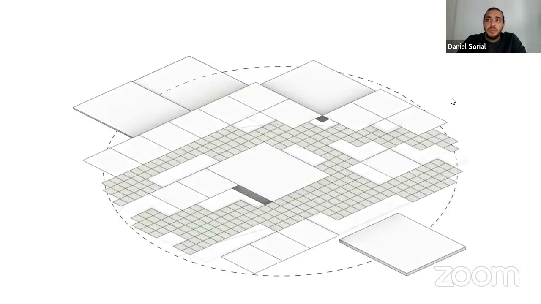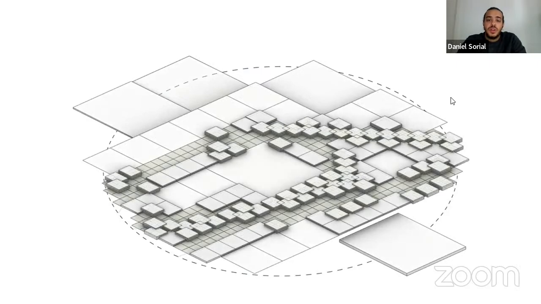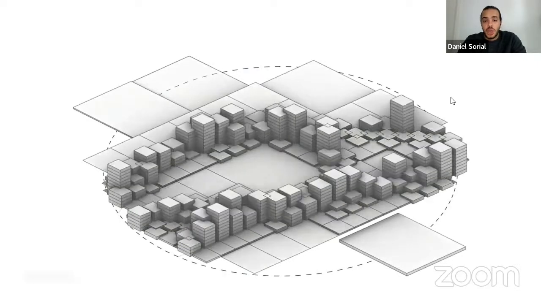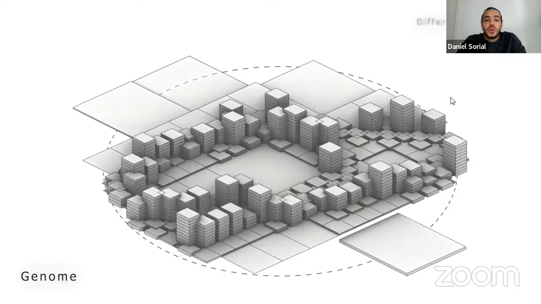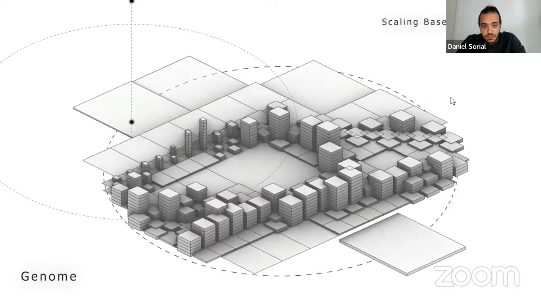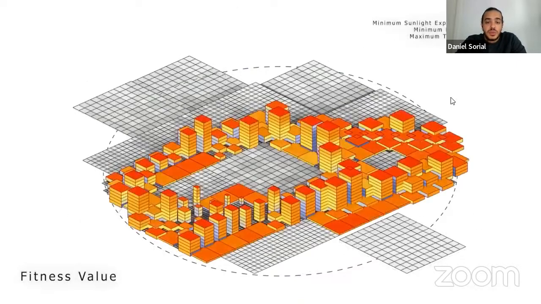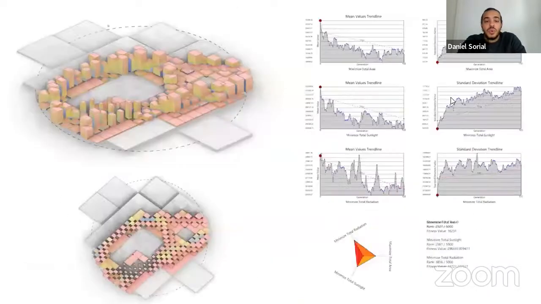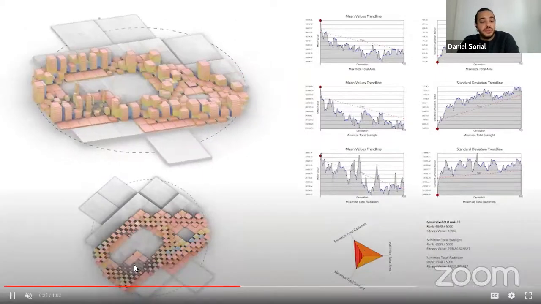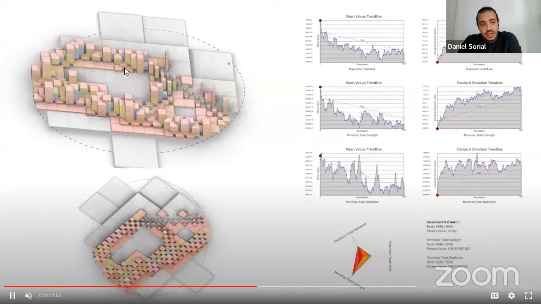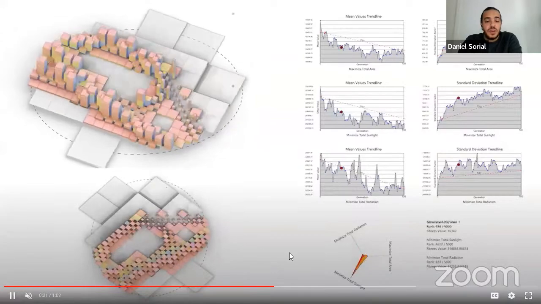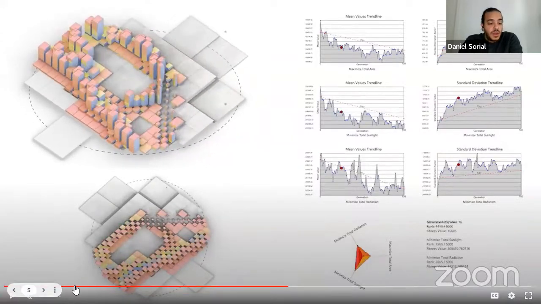And then we're going to start building up those grid divisions into block pieces, right? And then we're going to control how this, let's say, neighborhood or this urban plot is being extruded. And then we'll control also the scaling of it, right? And then we're going to analyze this against specific fitnesses.